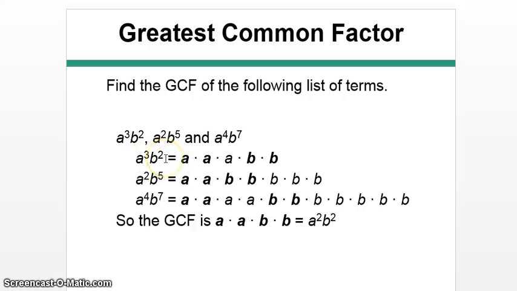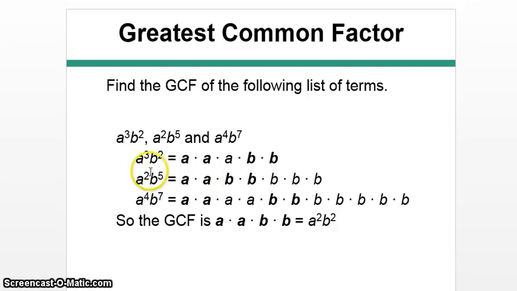Let us find the factors of each term. A cube b square. Here a is the base, 3 is the exponent, so a has been repeated 3 times. Here b is the base, 2 is the exponent, so b has been repeated twice. A square b to the power 5: a is the base, 2 is the exponent, a has been repeated twice.